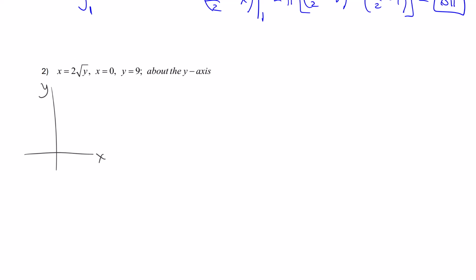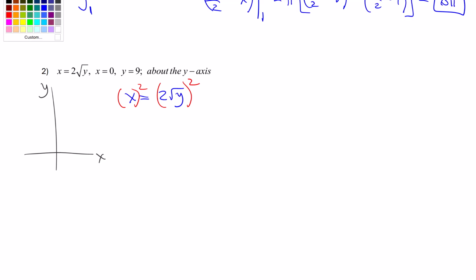There may be a couple different ways you could approach trying to graph this, but one useful way is the following. Let's take the given function x equals 2 square root of y. I'm just going to write that out. And then I'm going to square both sides of it to do some manipulation and make it look more familiar to us. If I square both sides of the function as given, I'll end up with x squared equals 4y.